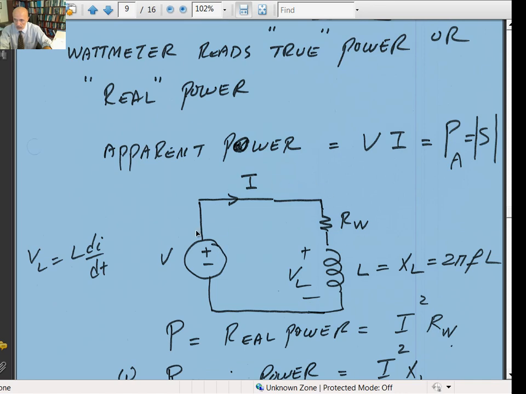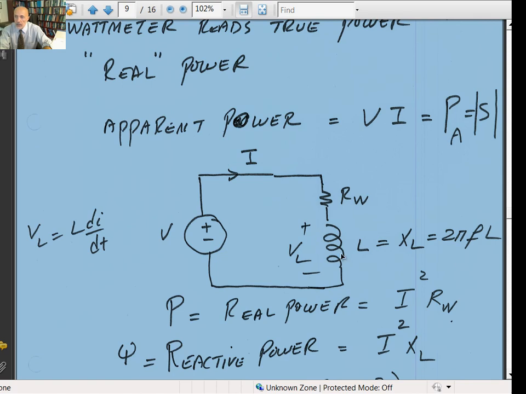So if I look at here, you've got a voltage, you've got a current, here's the resistance of the winding, and this is the inductance itself, L. It turns out that the inductance reacts against any current, and that reactance is a function of the frequency, which is equal to 2 pi f times L, or simply omega L. So if a DC signal is coming in here, then the DC signal frequency is equal to 0, so the inductive reactance X sub L would be equal to 0.